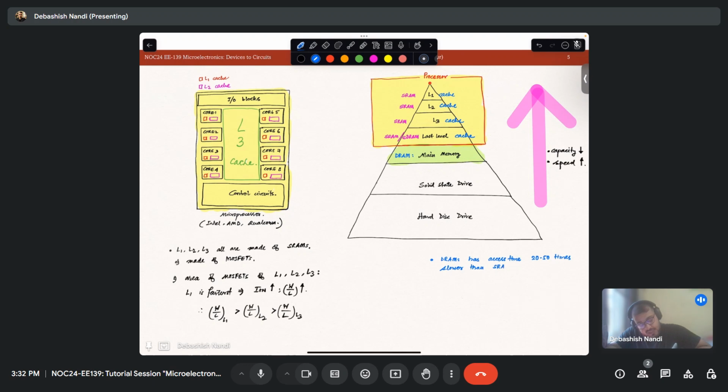Okay, and there are other distinctions also that we will look into. So DRAMs are basically dynamic random access memory.